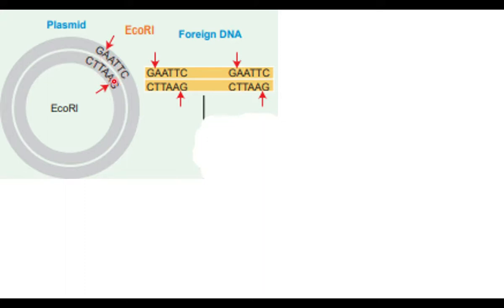This place can be cut and opened by restriction enzymes. For example, EcoRI is a restriction enzyme. It can cut this palindrome sequence GAATTC. The same enzyme is used to cut the foreign DNA to get sticky ends.